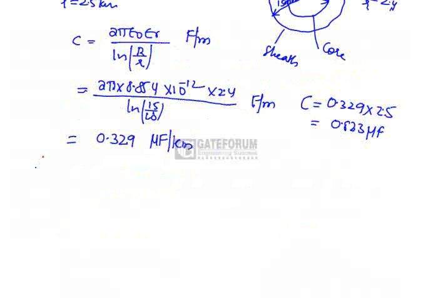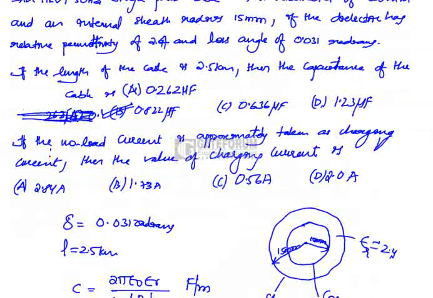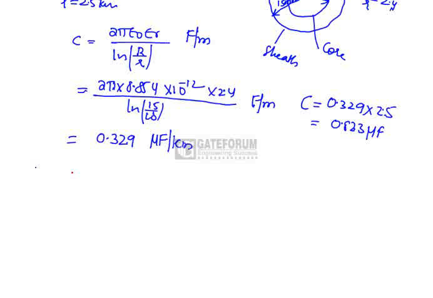Now the second question: if the no load current is approximately taken as the charging current, then the value of charging current is Ic equal to V into omega C, or V by Xc.